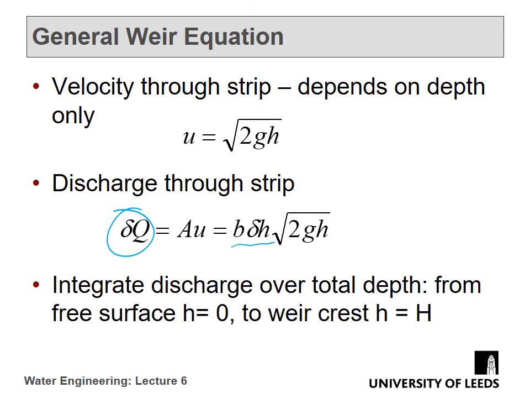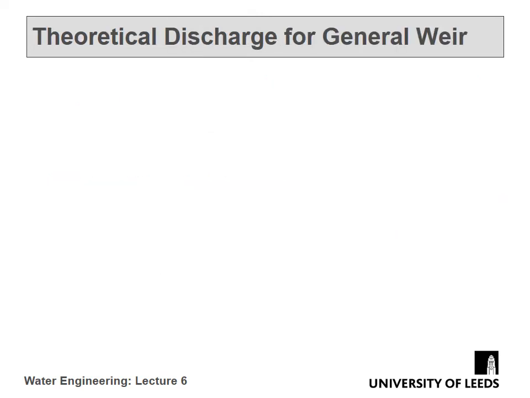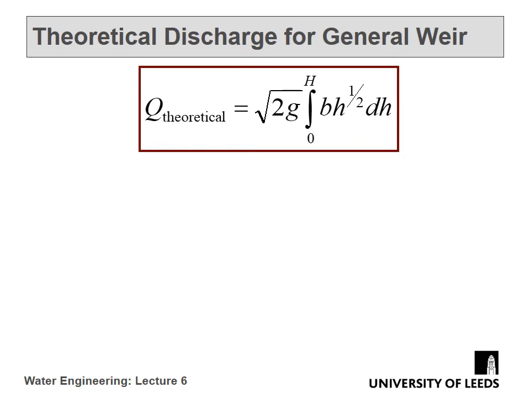Now if we integrate this between 0 and capital H, then we can calculate a value of q. So what does that equation look like? That's just the last equation integrated.